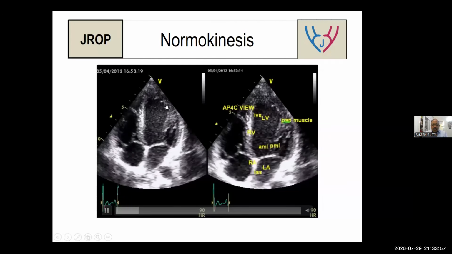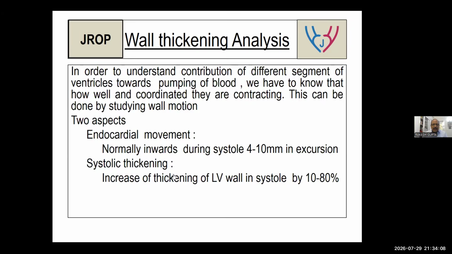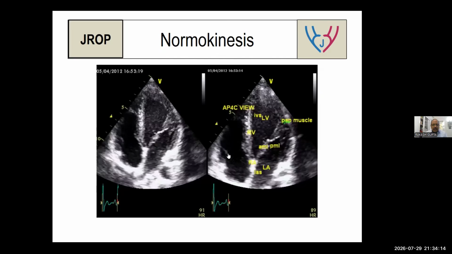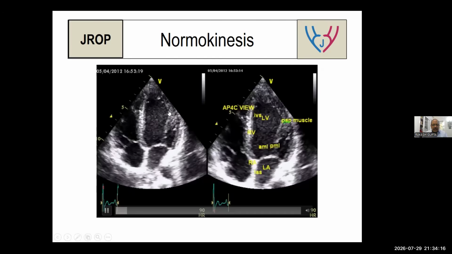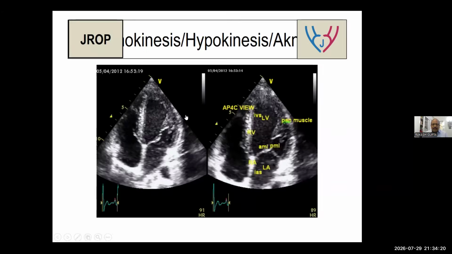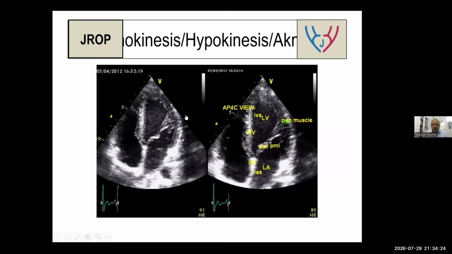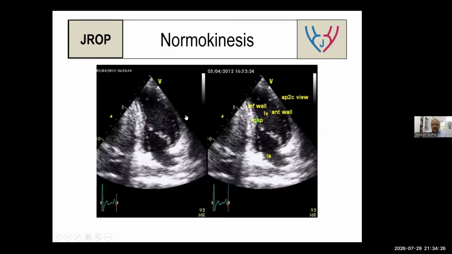Now you can see those images, which is septum and lateral wall. If you look carefully, you will see that they are thickening at the same time. This is thickening of the endocardium, and that's what we look at when we look at abnormalities.